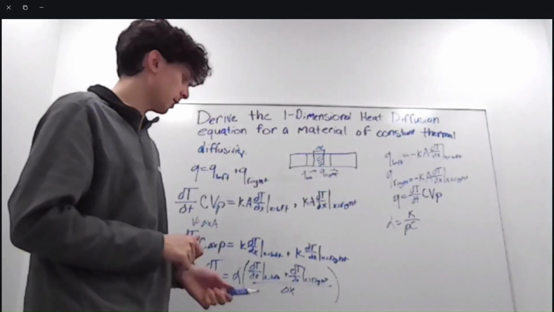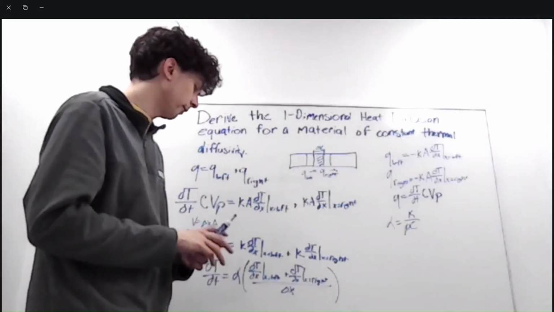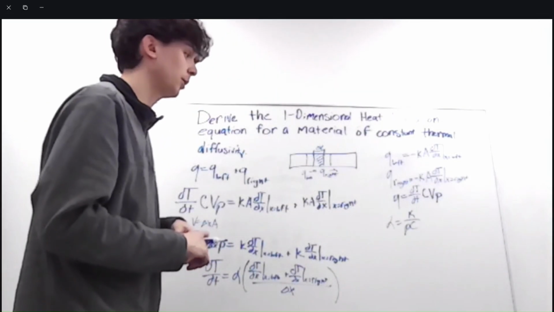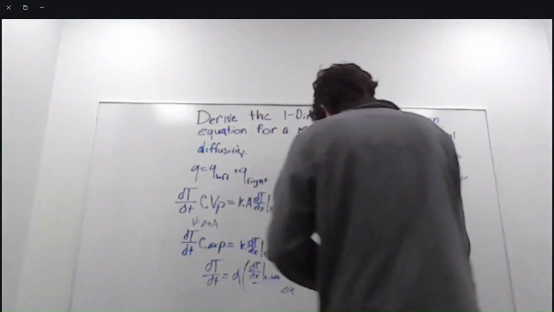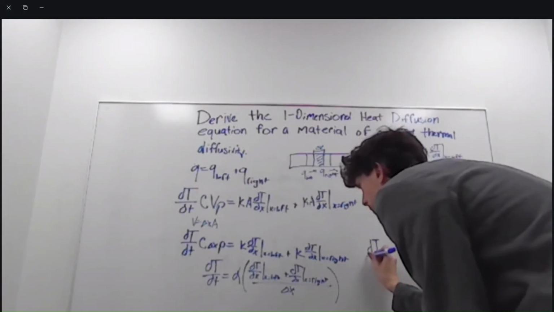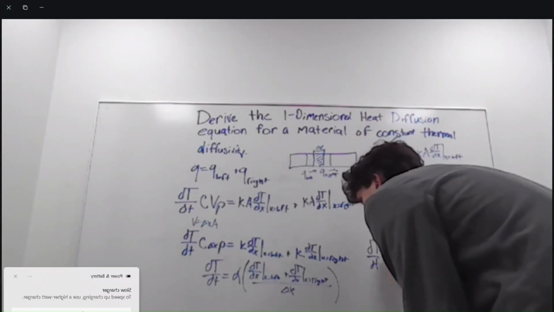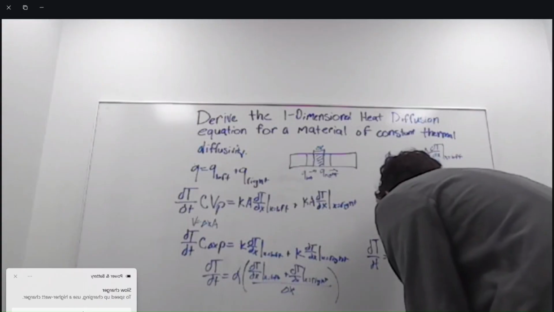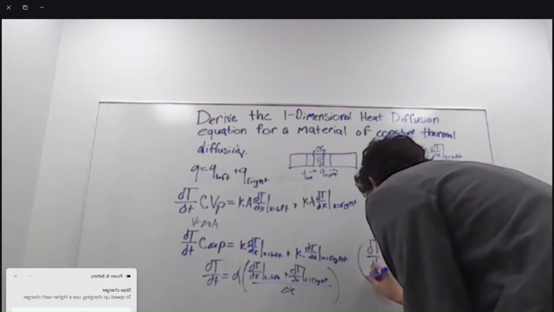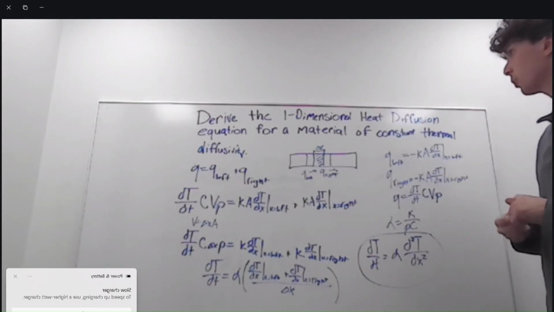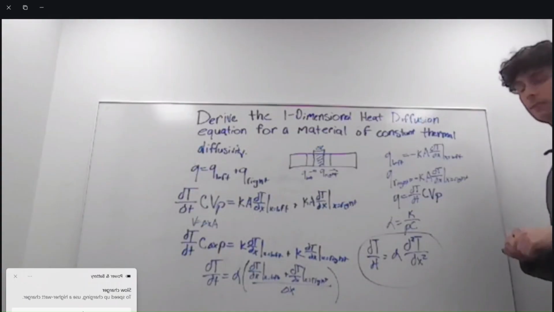So knowing this, that this is just a difference of derivatives over position, we can actually just assume that this is the second derivative, which would give us our final equation, our heat diffusion equation with respect to time. That's our final equation for the heat diffusion equation for a material of constant thermal diffusivity.